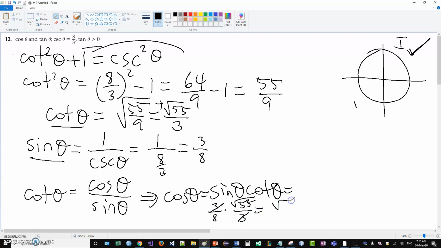So square root of 55 over 8. So now we found cosine theta. Now we need tangent theta.